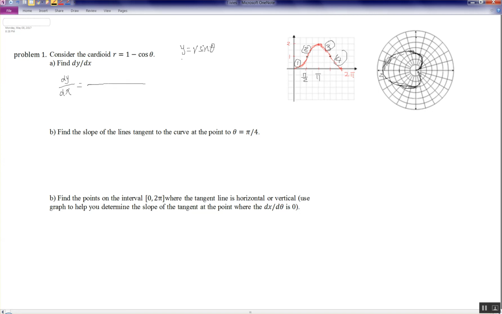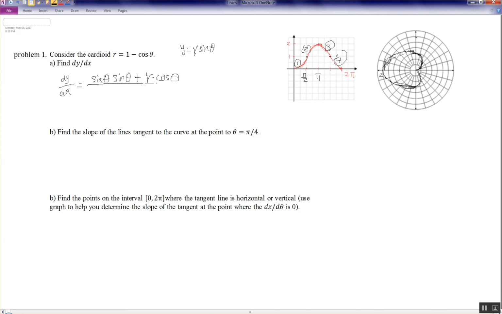So r is 1 minus cosine theta. The first term is r prime, which is the derivative of 1 minus cosine, which will be just sine theta, right? This is my r prime times sine theta. I'm using the product rule right here, plus r times the derivative of sine theta, which is cosine theta.